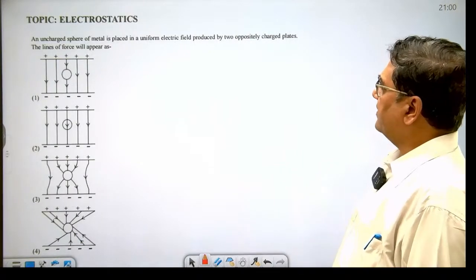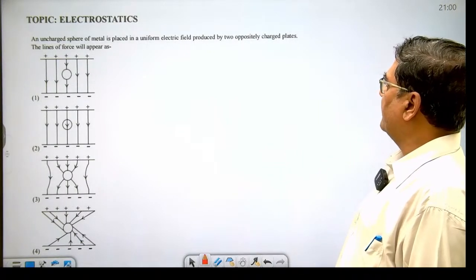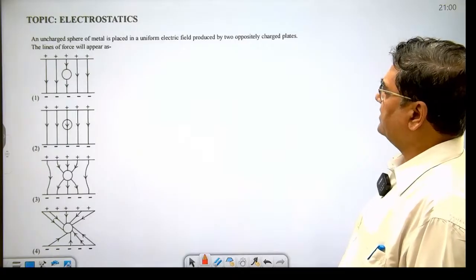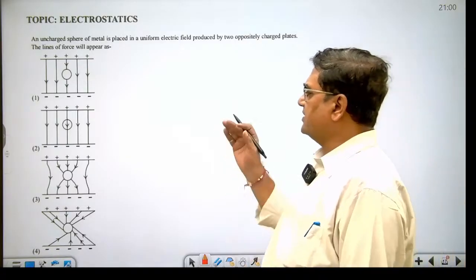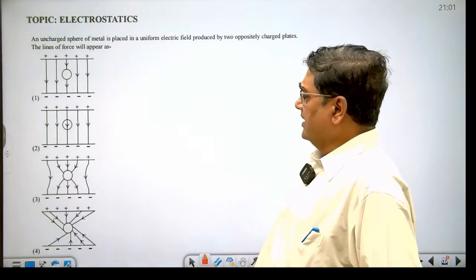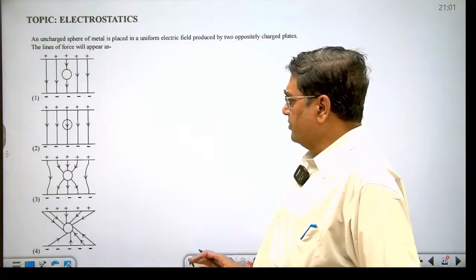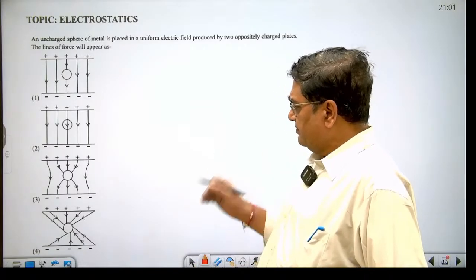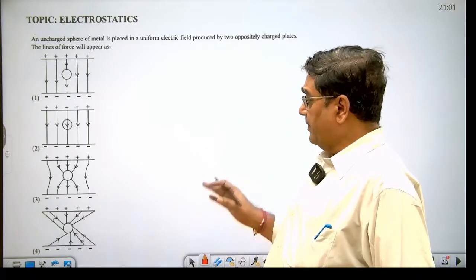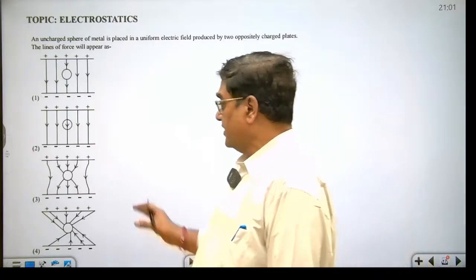An uncharged sphere of metal is placed in a uniform electric field produced by two oppositely charged plates. The lines of force will appear as. This is a very good question. Inside a conductor, electric field intensity is 0. Electric field lines emerge and converge only perpendicular to the conducting sphere surface.